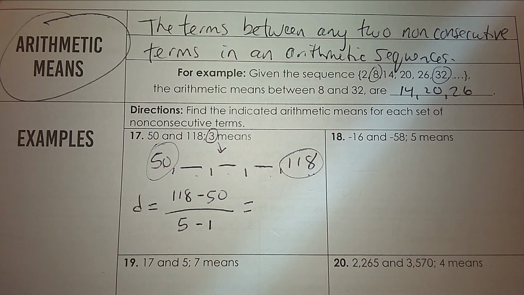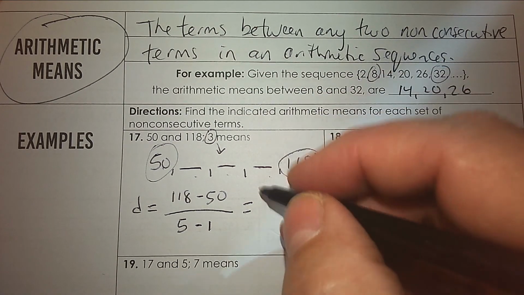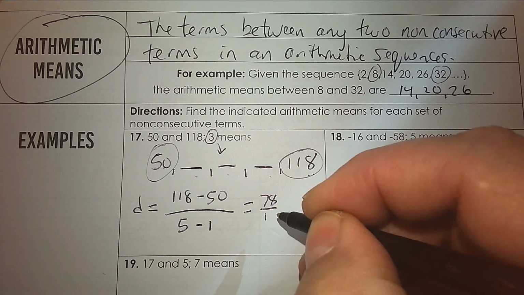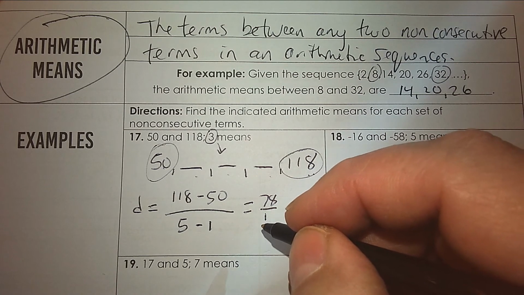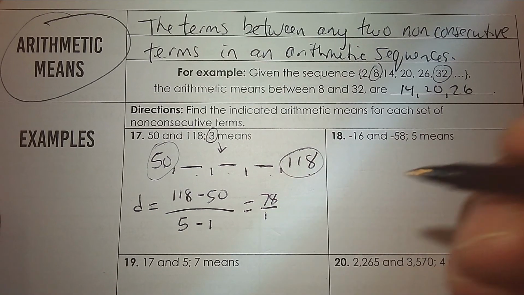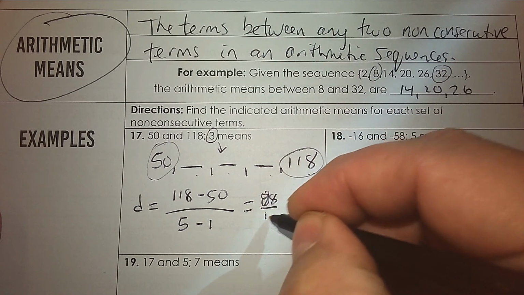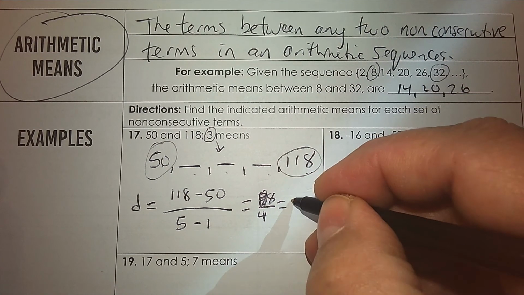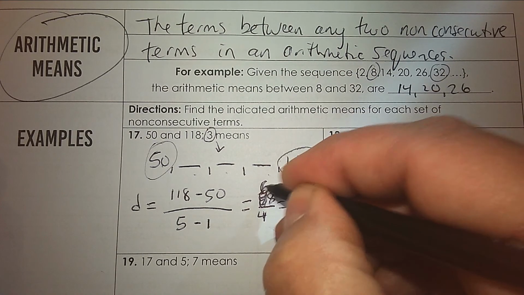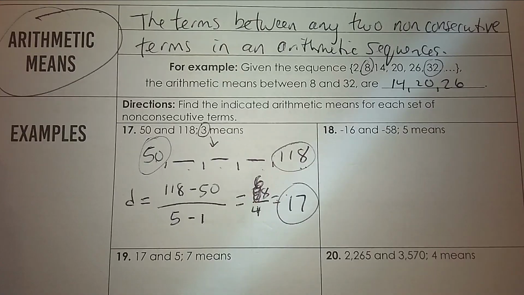Okay, solve it. 118 take away 50. 68. 68 divided by 4. What is that? 17. Once you know that, is it easy now to find the numbers in between?